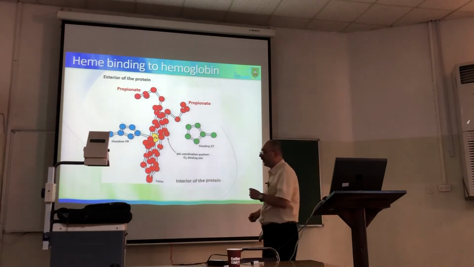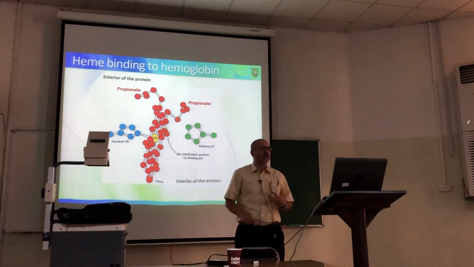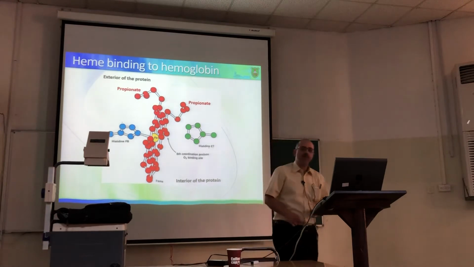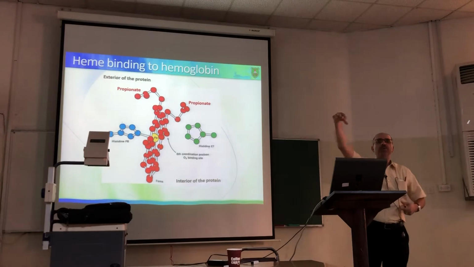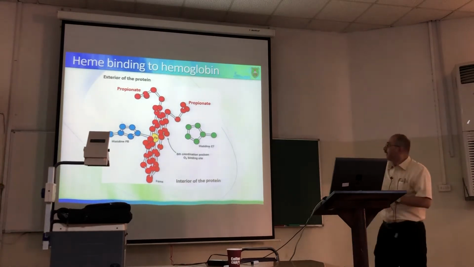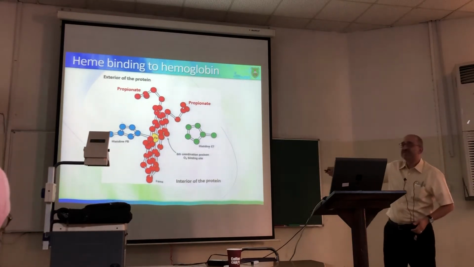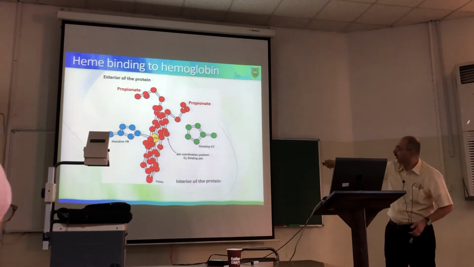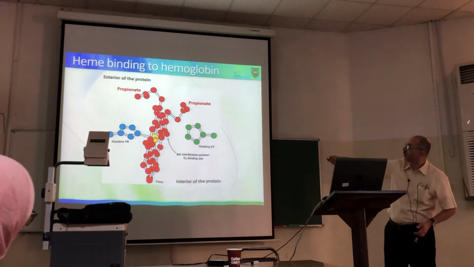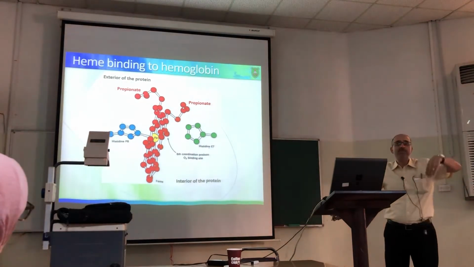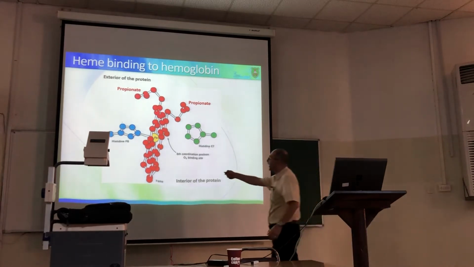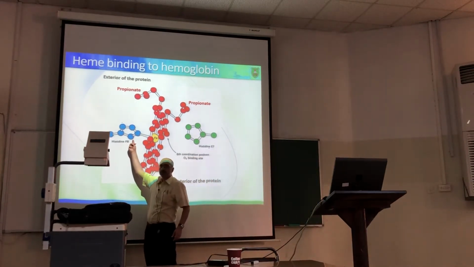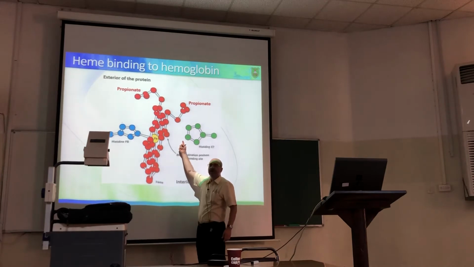Something else about how heme binds or interacts with hemoglobin. Remember how I said that heme is mainly hydrophobic except for these two propionate groups? Well, this is how heme fits into the hemoglobin molecule. Right here is the hydrophobic part of heme. It's embedded inside the hemoglobin molecule, where you have this interaction with the proximal histidine, and it's also nearby the distal histidine.